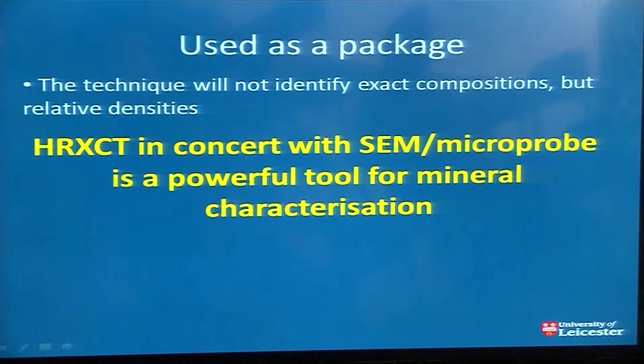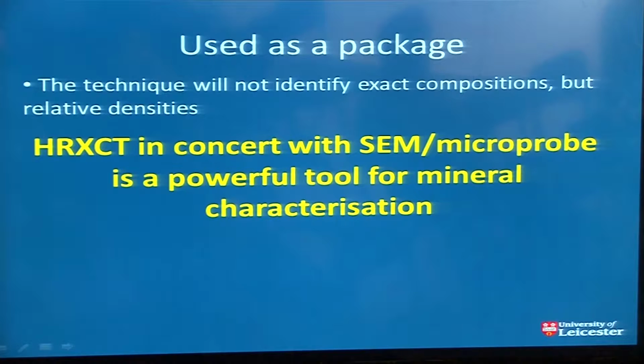Now, I will say at this point that it's not one technique does everything. It doesn't. It has to be used as a package with other mineralogical techniques. So what we're doing with this technique is we're identifying differences in density. We're not identifying composition itself.